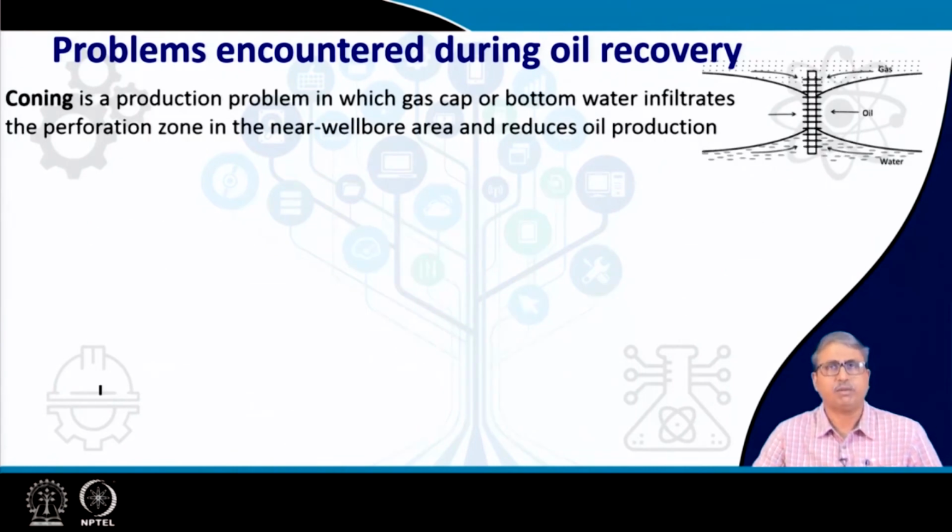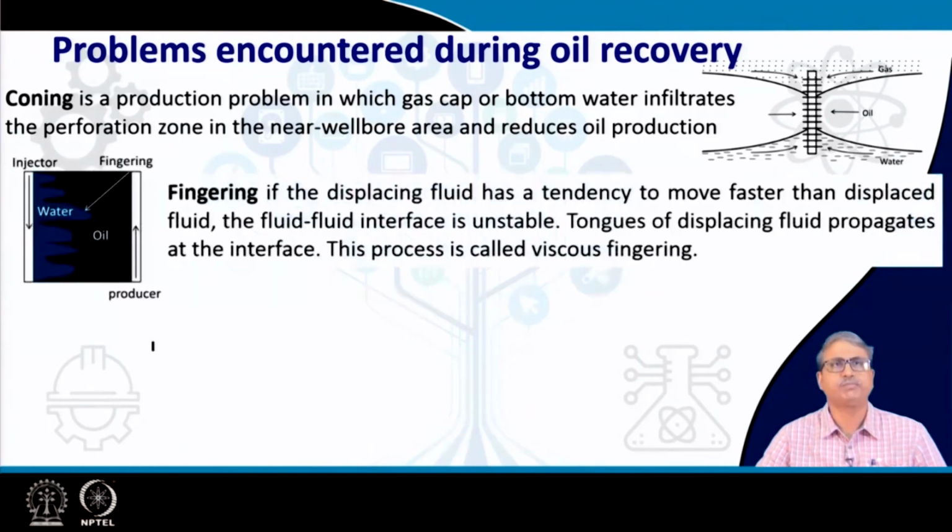Now, what are the problems which are encountered during the oil recovery? The problems are of multiple kinds. One of them is coning, which is a production problem in which the gas cap or bottom water infiltrates the perforation zone in the near wellbore area and reduces the oil production. Fingering is when the displacing fluid has the tendency to move faster than the displaced fluid, so the fluid interface is unstable, and tongues of displacing fluid propagate at the interface.